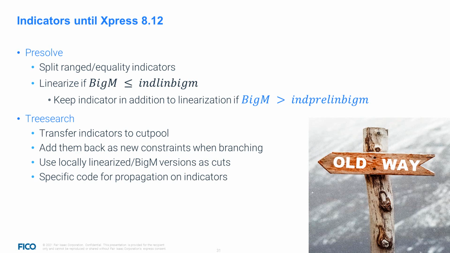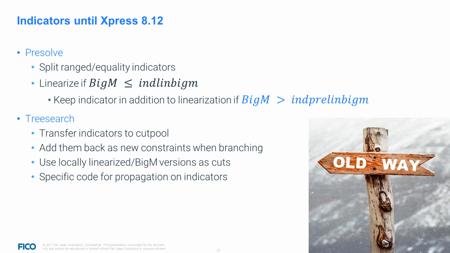If this M was really small, we even dropped the original indicator constraint and only kept the reformulation. Otherwise, we kept both to make sure that numerics were satisfied. If big M was really large, the indicator constraints were not linearized at all, and we only kept the indicator.